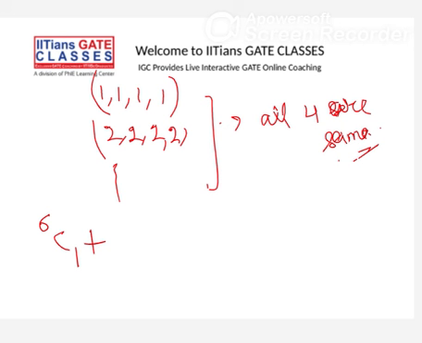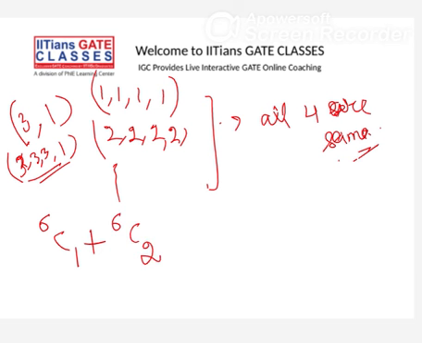Next, let's say the structure is of one kind three times and another kind once, like 3, 3, 3 and 1. So I'll need two numbers out of 6, which I can do in 6C2 ways.